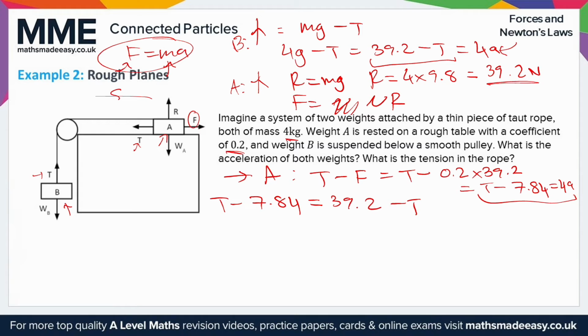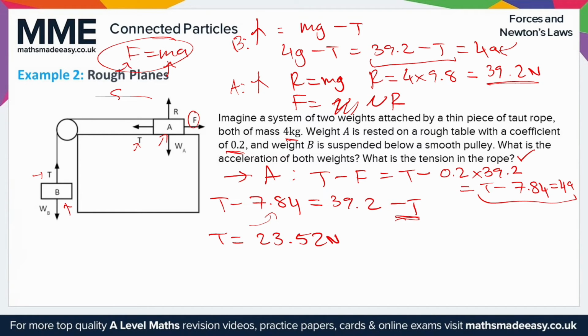How can we solve it? Well, you would add the T and then add this on, and you would get 2T equals something, and then we can solve for T. So that gives us T equals 23.52 newtons. Okay, so we found T, which is the tension in the rope, so that's that bit done.